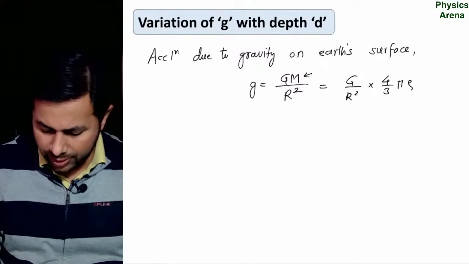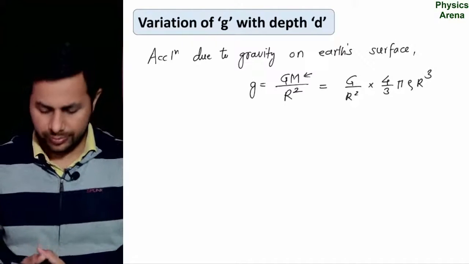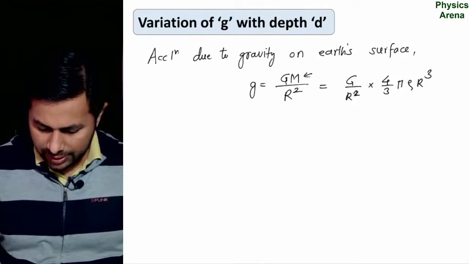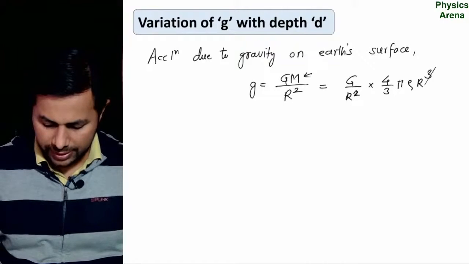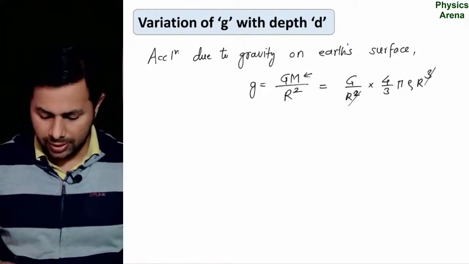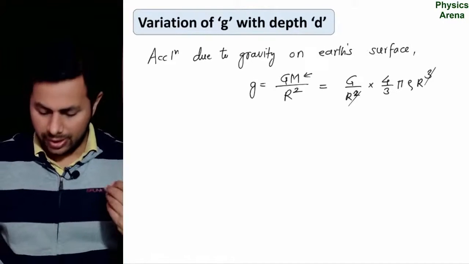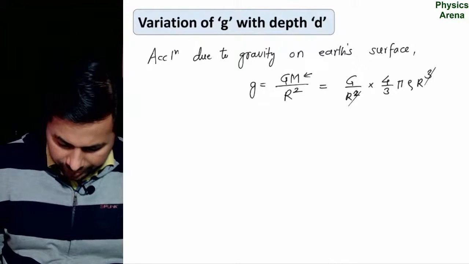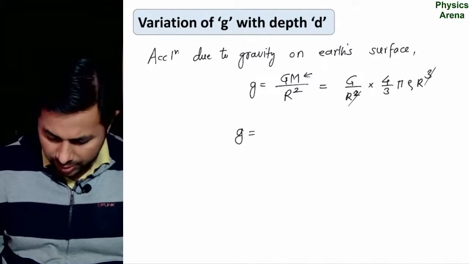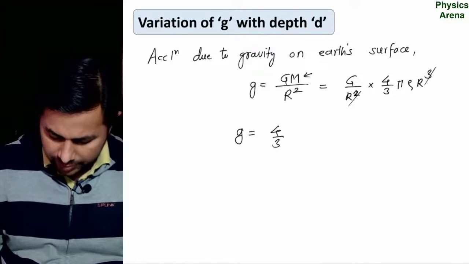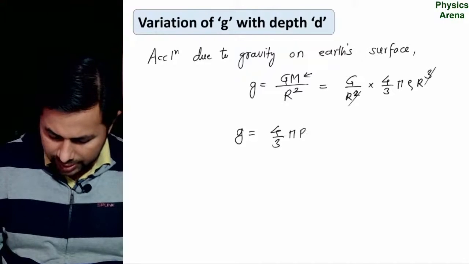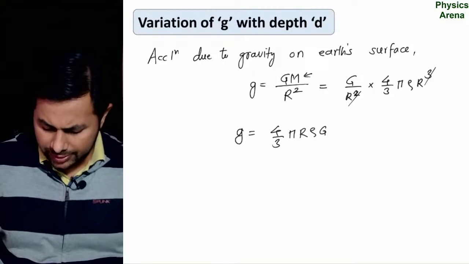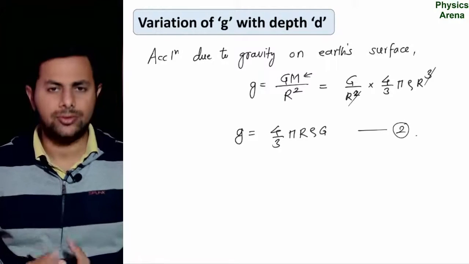Now we can see that r raised to 3 gets cancelled out with r raised to 2, that is r cube upon r squared gives us r, and we can write g equals 4 by 3 pi r rho and capital G.